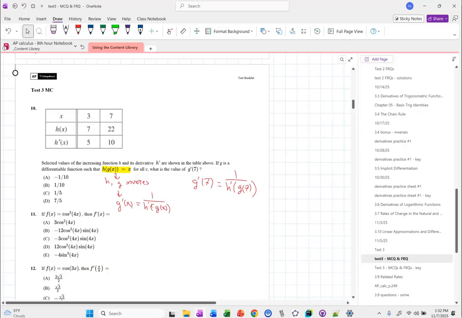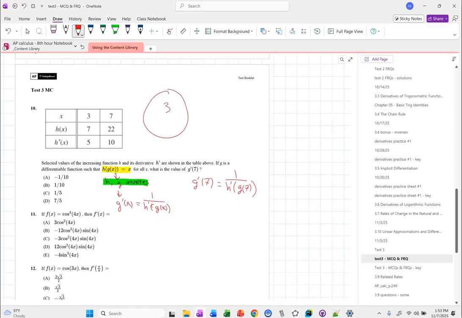I was this many years old when I found out you can do this. So what does that mean? Well, if we have like 3 and 7, h sends 3 to 7, and then it sends 7 to 5, right? Everybody agree?